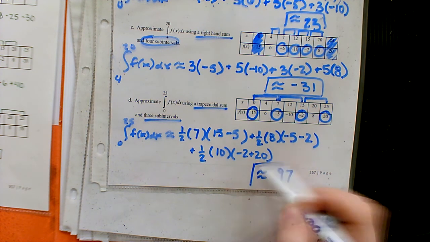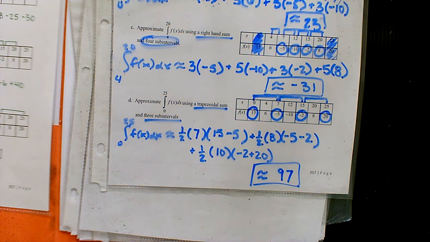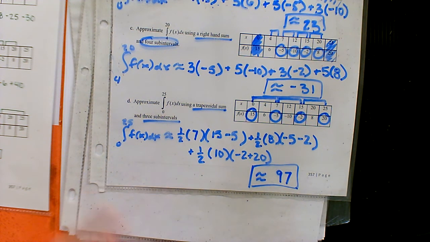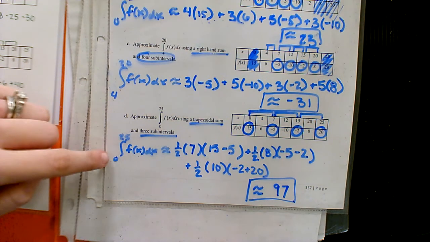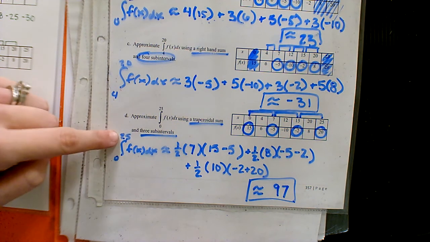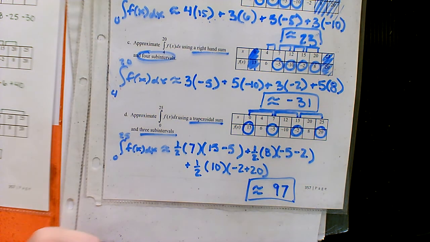I got 7. Close. All right, 97. So notice how these are all approximations. Some of them are different though, like this one was from 0 to 25, this one was from 4 to 20. Okay, but we don't really have enough information to determine over or underestimate.